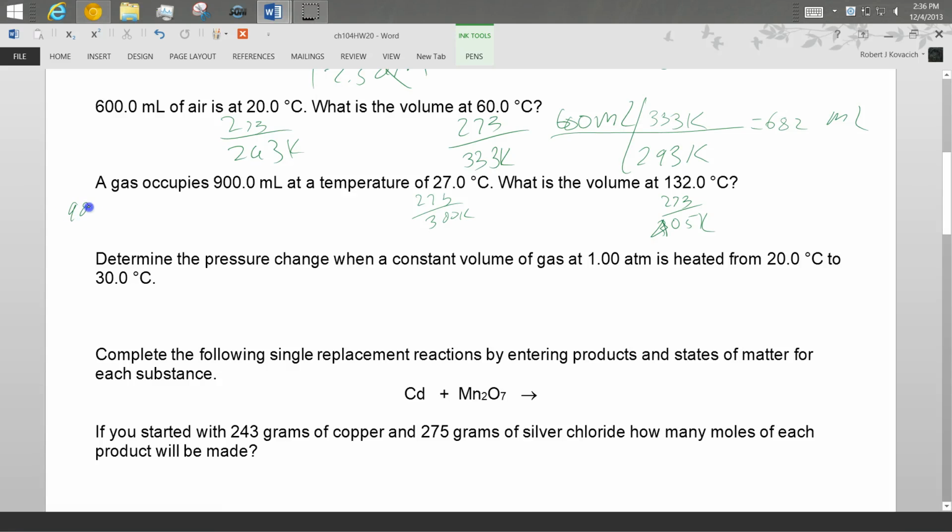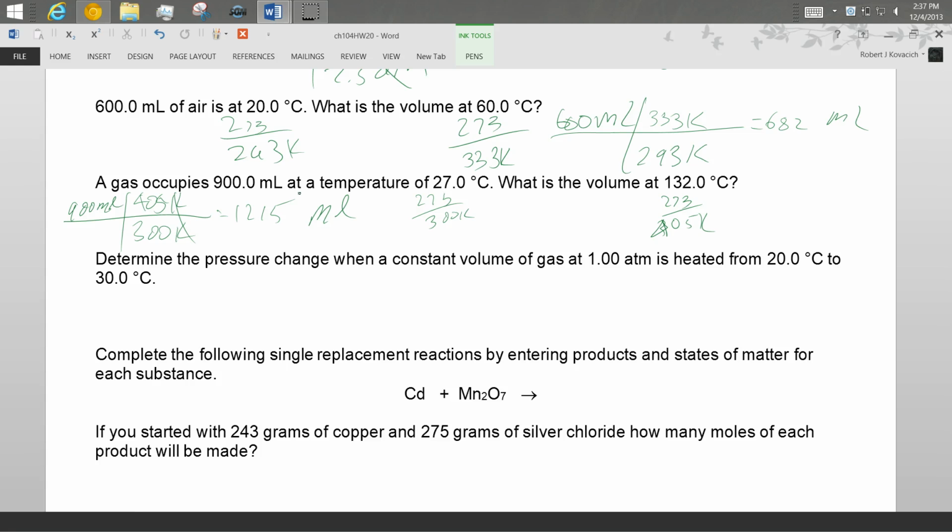So I've got 900 milliliters. And then I've got 405 K and 300 K. The K's cancel. And what do I have for the new volume here? 1215. 1215? That sounds good.